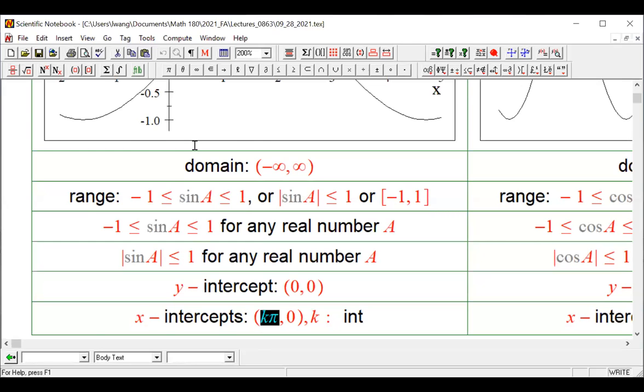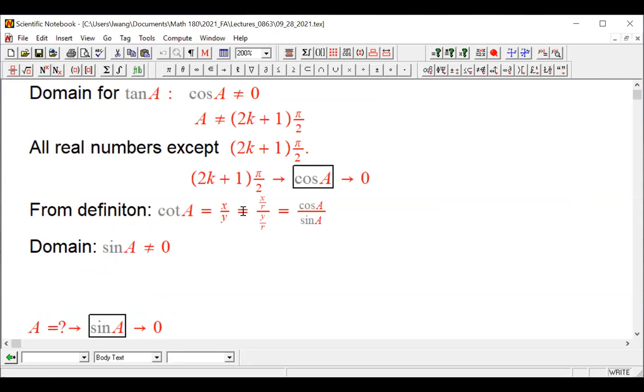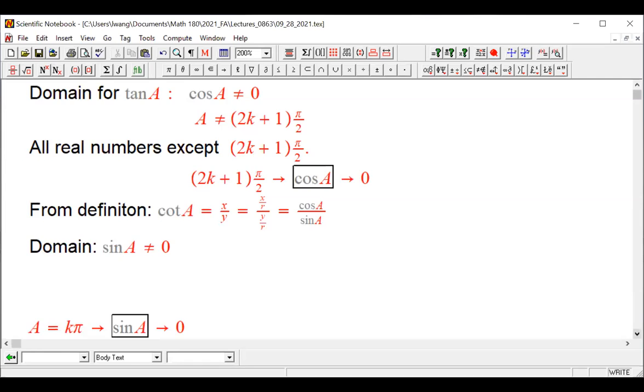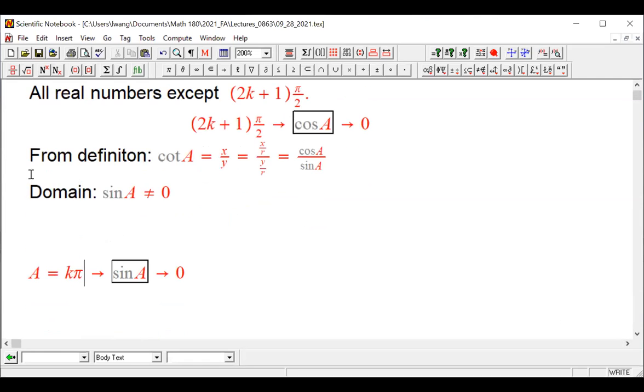So A is a multiple of pi. Therefore, when A equals any multiple of pi, because k is any integer, sine produces a 0 output.